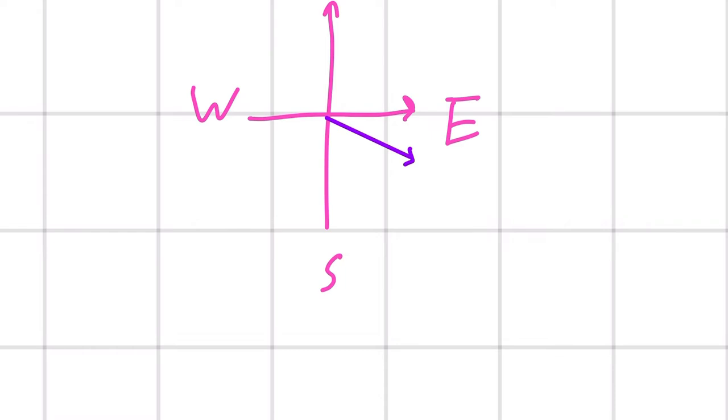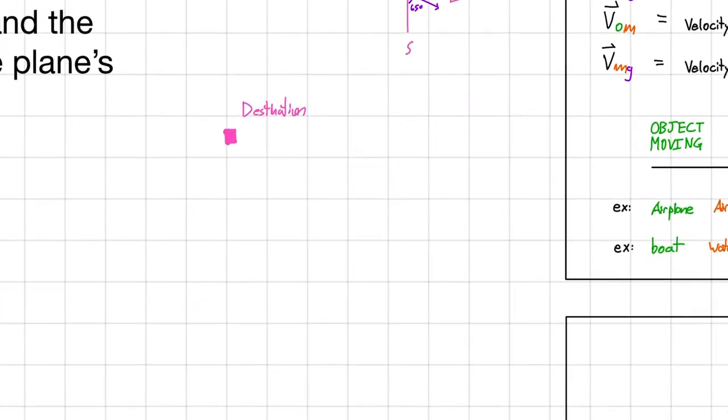It's going to be some arrow like this, and if this is 65 degrees, we know that 90 minus 65 is equal to 25. So this here is going to be 25 degrees. So let's draw that vector here. We're going to have some vector that looks kind of like this. We know this is going to be a 25-degree angle, right? Okay.